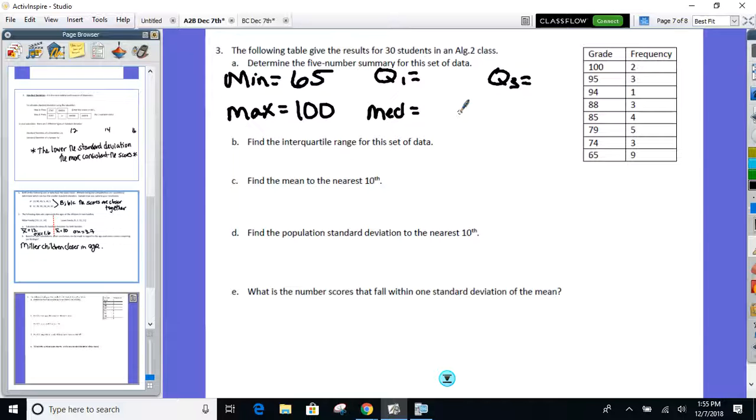Quartile 1. 65. Quartile 1. Was it? Yeah. Okay, I should have my notes in front of me. Okay, hold on. I got to act professional here and actually get my answer key out. 65.